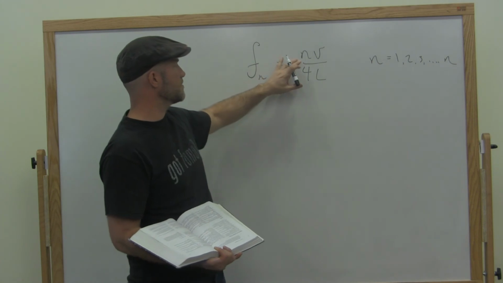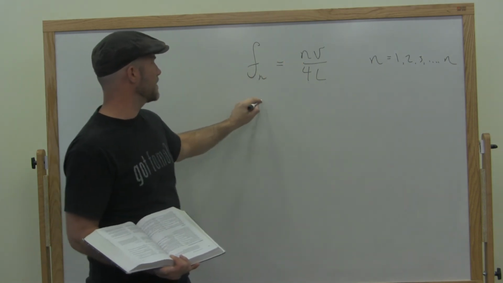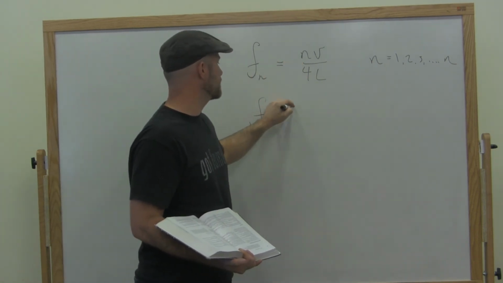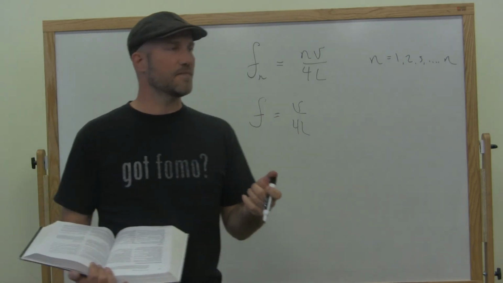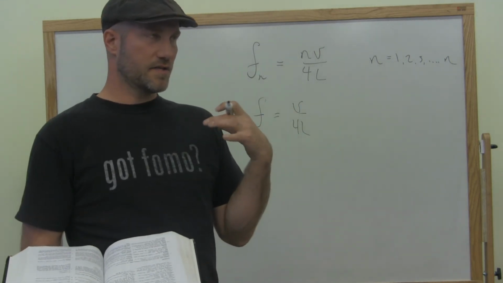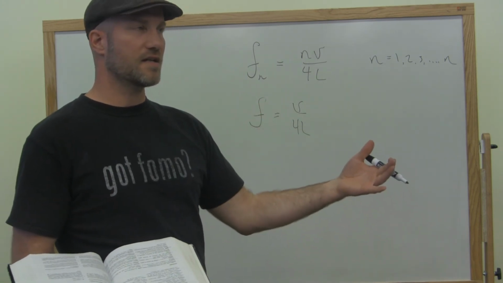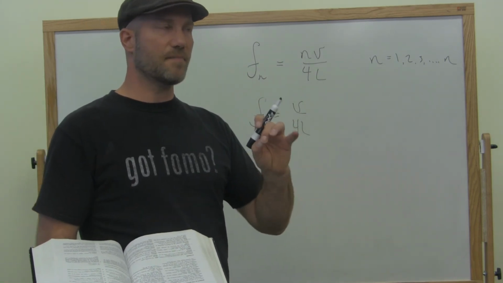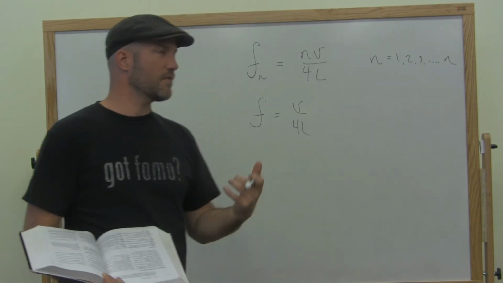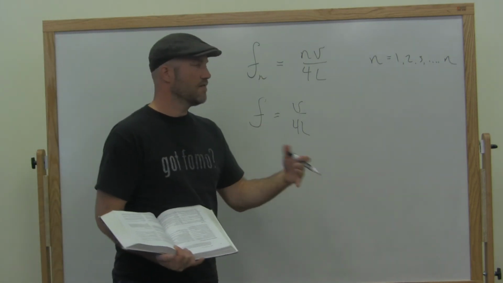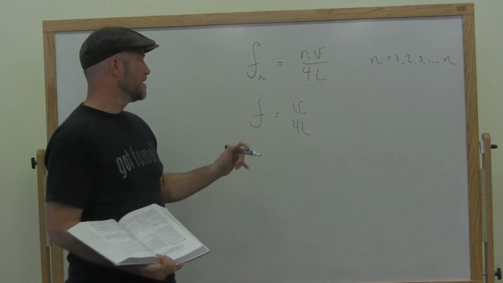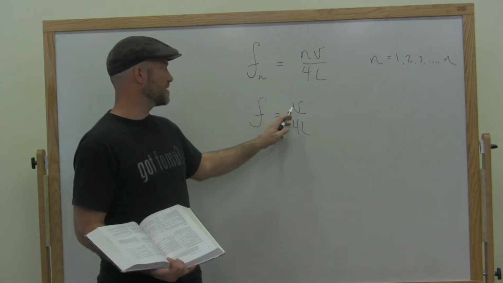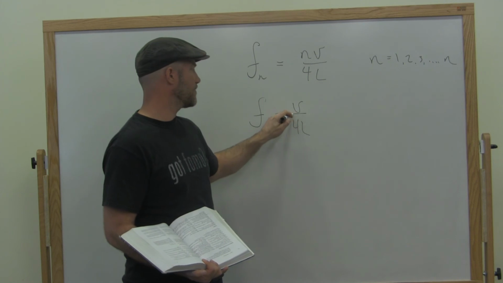So basically what we're saying is, if we were finding the fundamental, the frequency is equal to v over 4L. Why is that? Because when a tube of length L begins to resonate, there's a quarter wavelength set up in that tube. And if a quarter wavelength completely fills the tube, then the total wavelength is equal to 4 times L. So frequency is very simply velocity over wavelength.